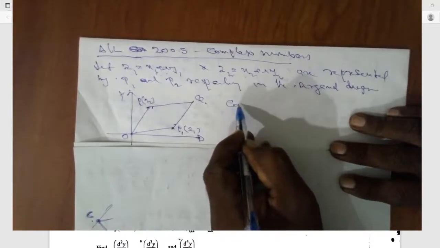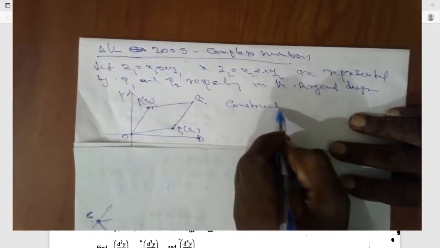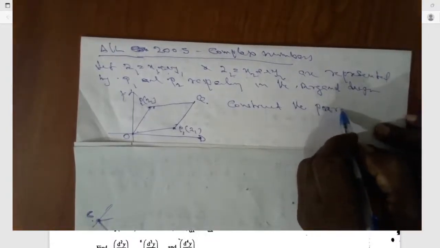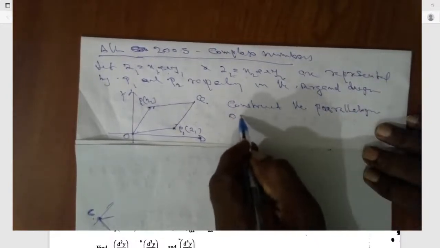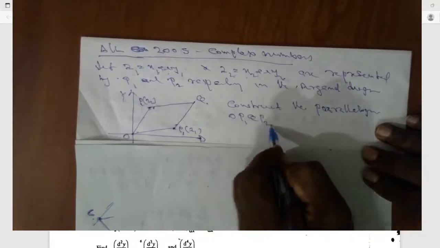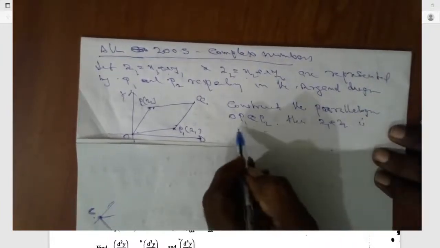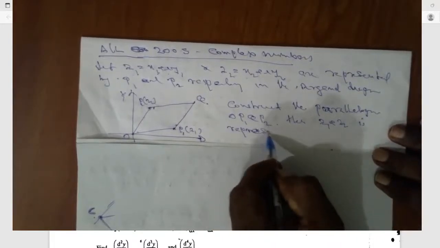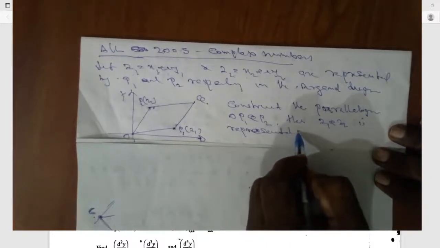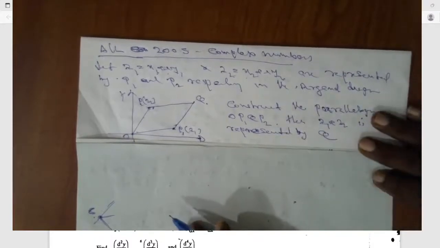Construct the parallelogram OP1QP2. Then C1 plus C2 is represented by Q. Okay.